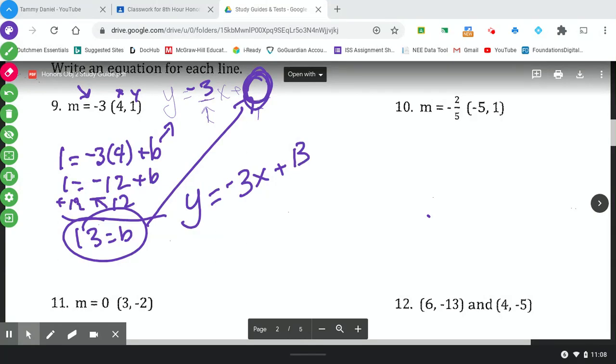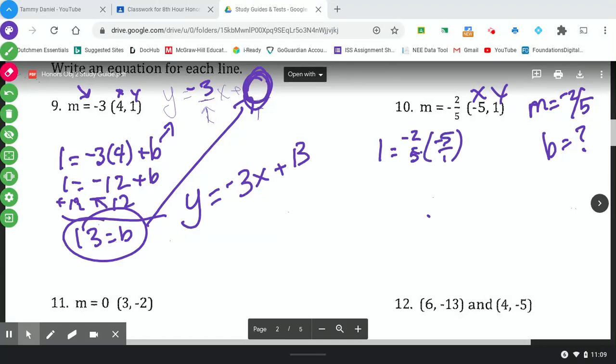Same thing here. They gave us -2/5, and we have an X and we have a Y. Because we know M is -2/5, we don't know B. So we put 1 in for Y. M is -2/5. X is -5/1. I put it over 1 because the M is a fraction, so that makes it easier to deal with. Plus B. We can cross cancel here.